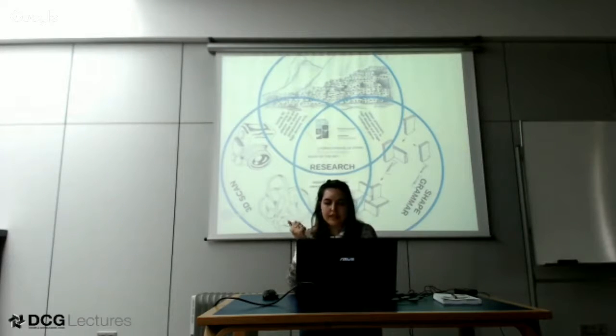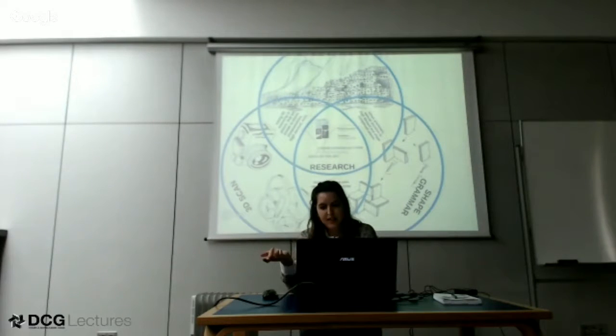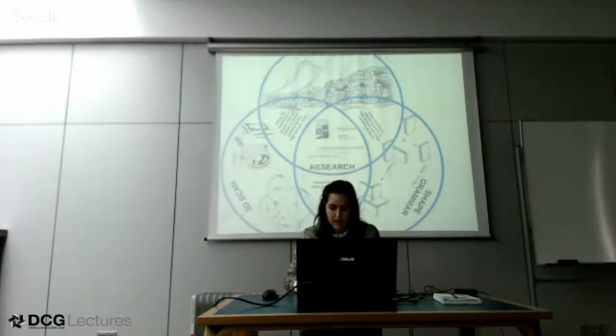Then the intersection between shape grammar and slums, focused on urban grammars and with special attention to high density and complex-shaped places. And finally, the intersection between 3D scan and shape grammar, where we are looking for references that combine techniques of 3D scan and shape grammar.